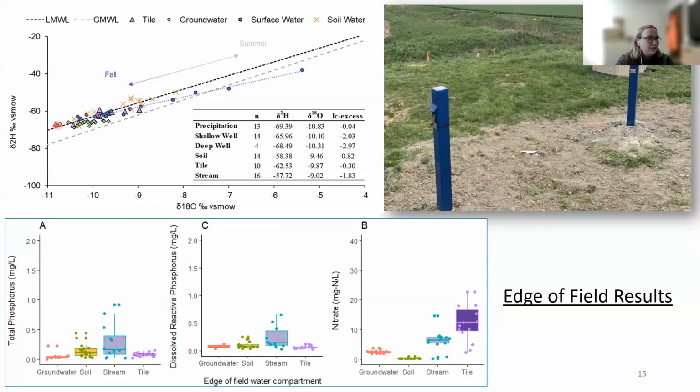And then closer to the fall and winter, they're closer to the groundwater signatures at that site. We didn't get into much further isotope analysis, so next steps for this would be to either look at a mixing analysis or hydrograph separation for either the tile flow or stream flow to really look at some of the differences and contributions.